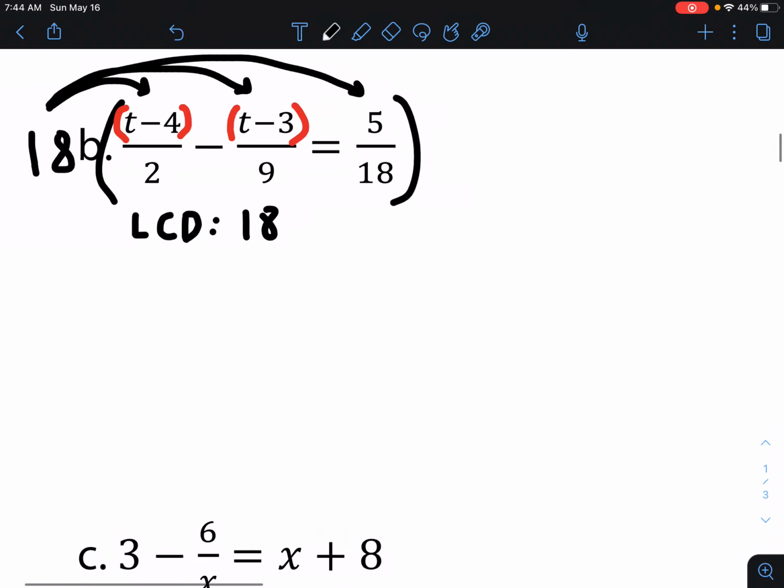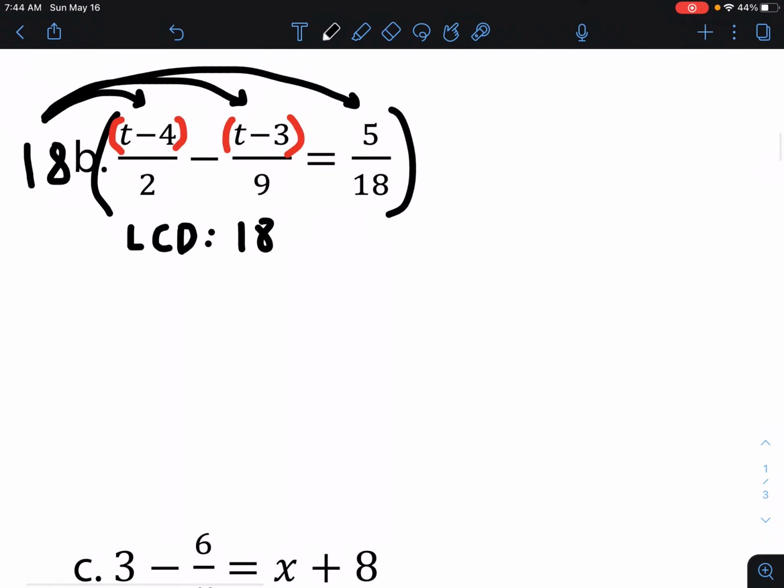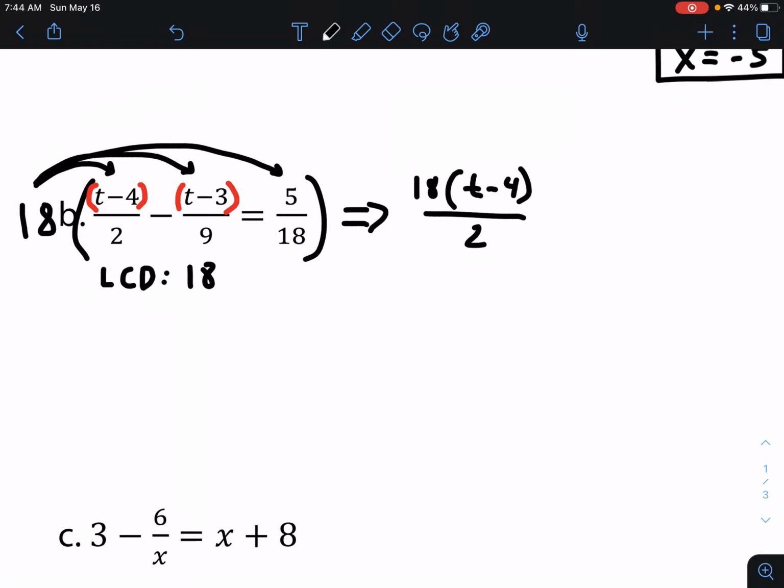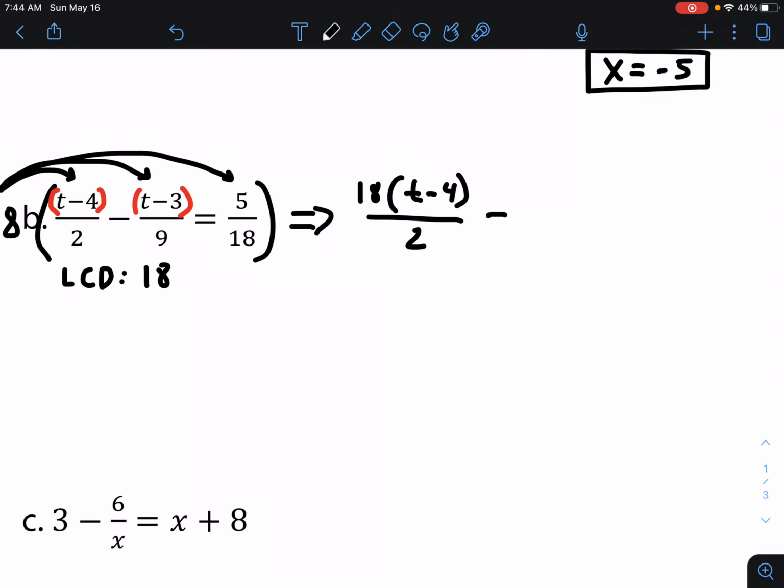So now what we have to do is distribute that 18. So now we have 18 times t minus 4 over 2. Okay, and then we have minus 18 times t minus 3 over 9.